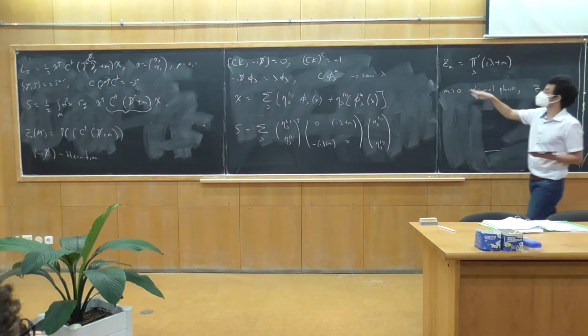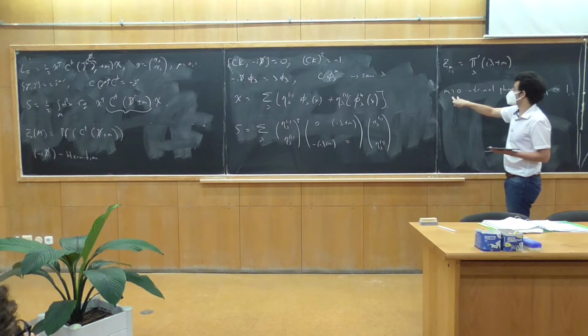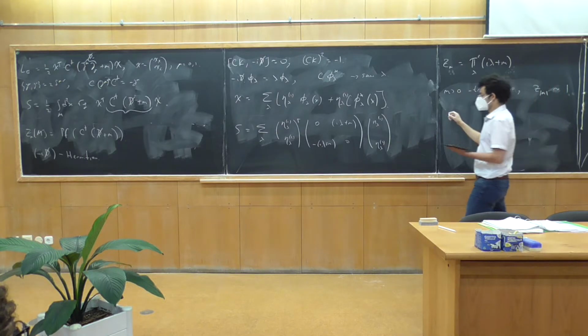So then, to regularize the partition function of the non-trivial phase, we might just divide it by the partition function of the trivial phase.